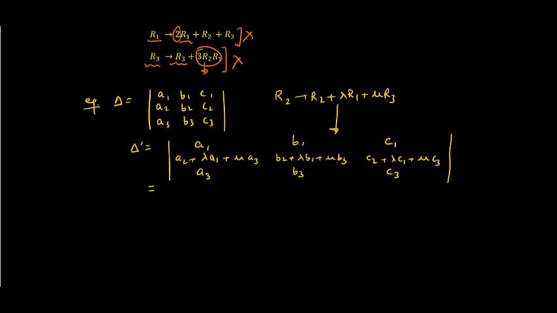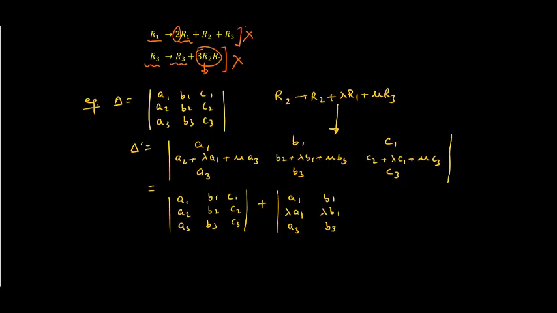So what we get here is A1, A2, A3, B1, B2, B3, C1, C2, C3, plus A1, lambda A1, A3, B1, lambda B1, B3, C1, lambda C1, C3, plus A1, mu A1, mu A3, A3, A2, B2, or maybe B1, sorry, it should be B1, just writing it again.